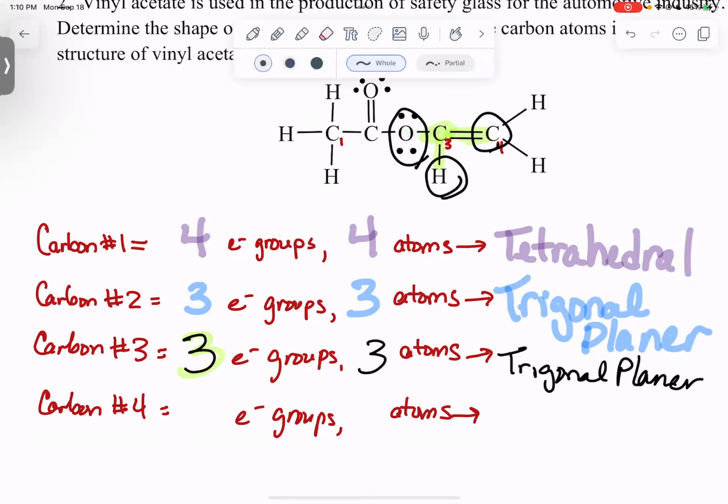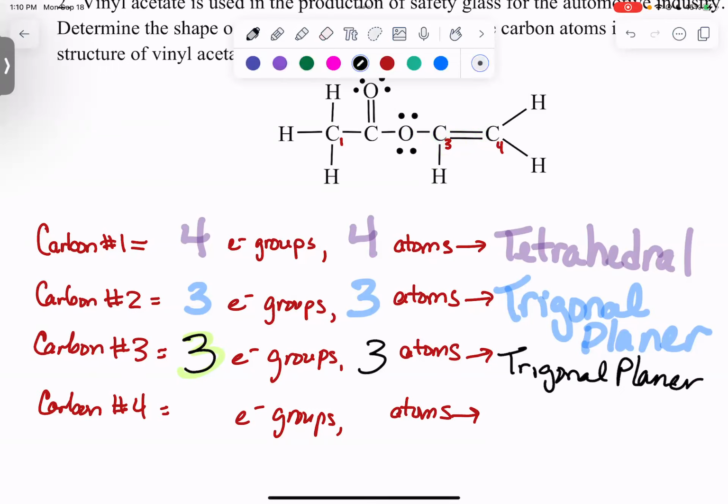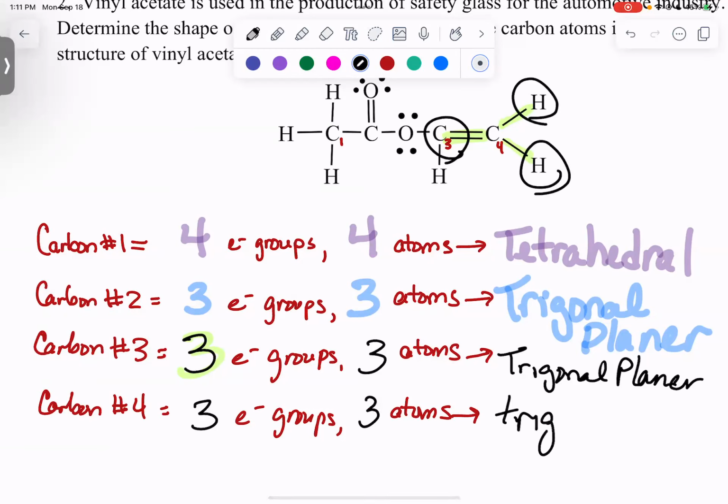Okay, last one, carbon 4. So I'm going to look, and I have 1, 2, again, 3 electron groups. And then I want to know how many atoms. I have 1, 2, 3 atoms surrounding. So that makes it, again, trigonal planar. Okay, so not too bad.